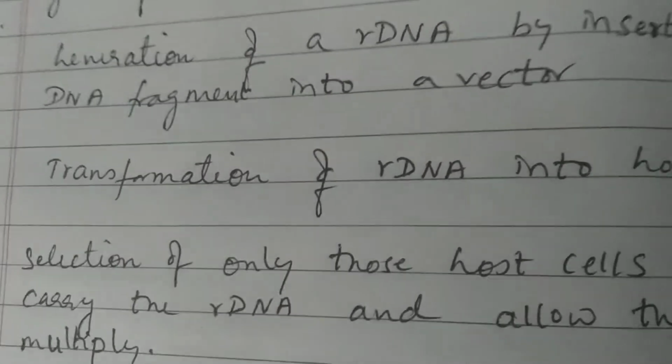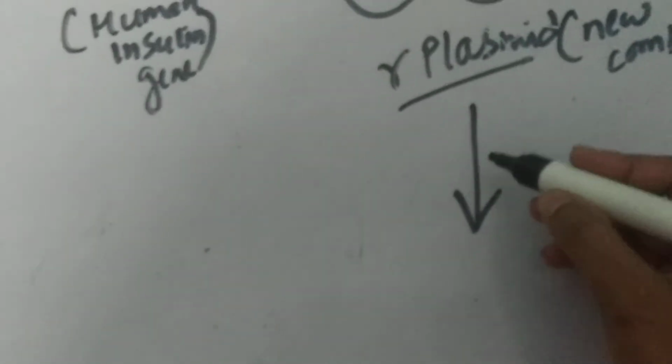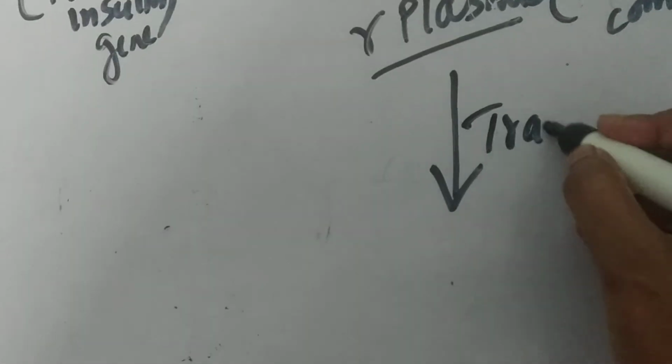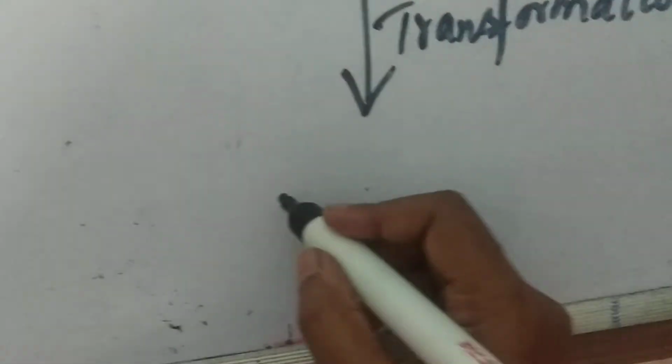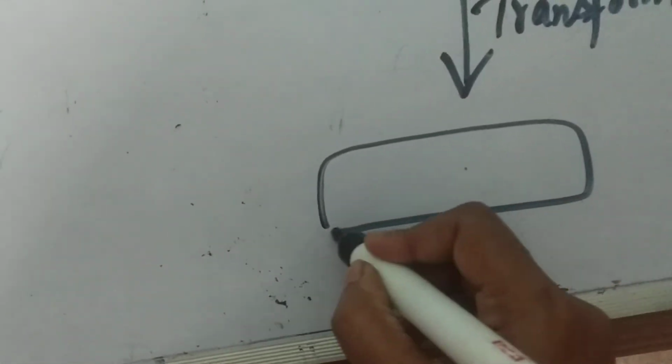We are going into the third step now. Transformation of our DNA into the host cell. So now that will be transformed into E. coli.